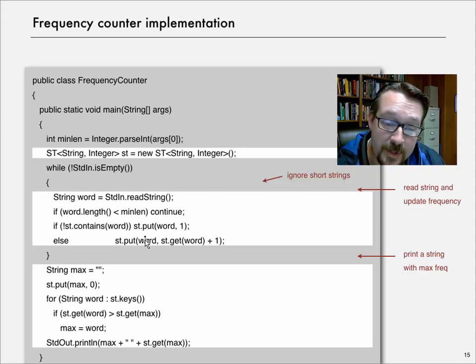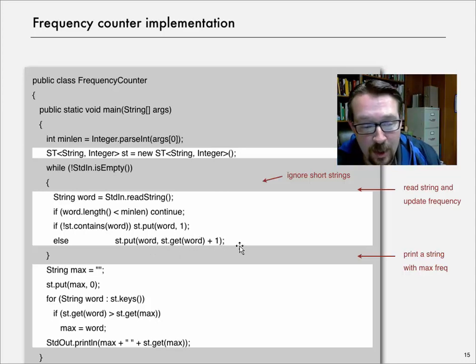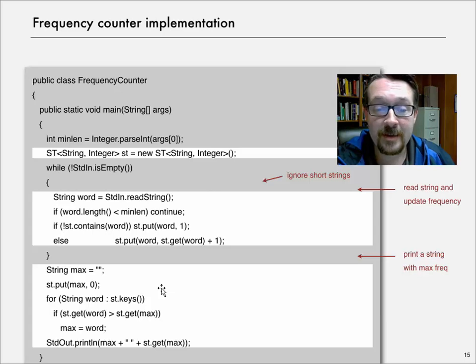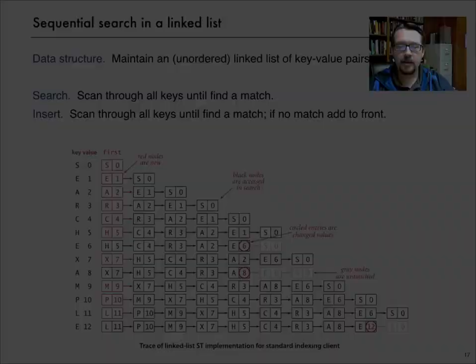Otherwise, it would update the word key with a value that is the previous value plus 1, so it increments it. And then this is what it outputs at the end, the one with the max. So it would search through and find the one with the highest count, that occurred most frequently.